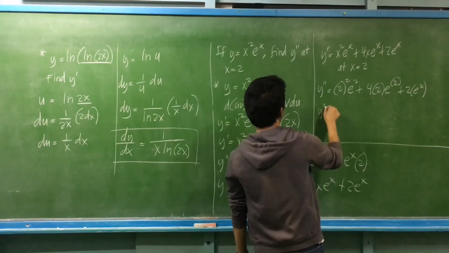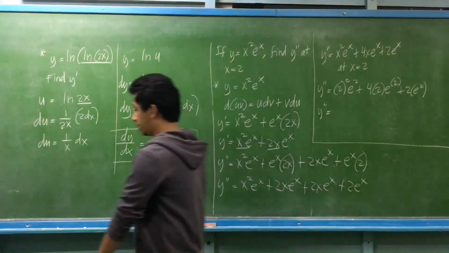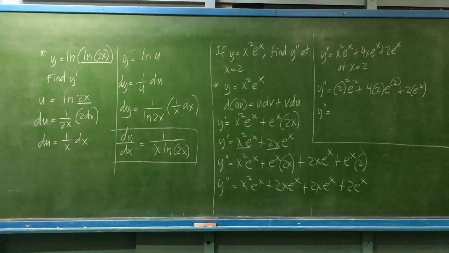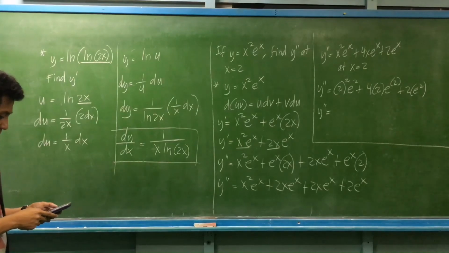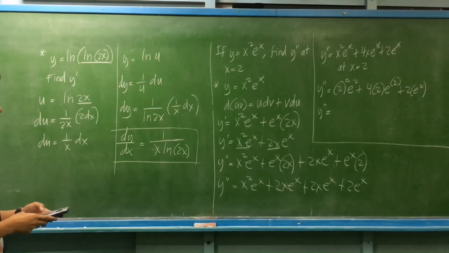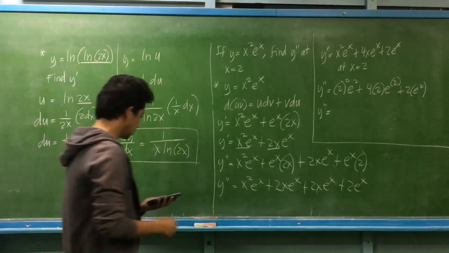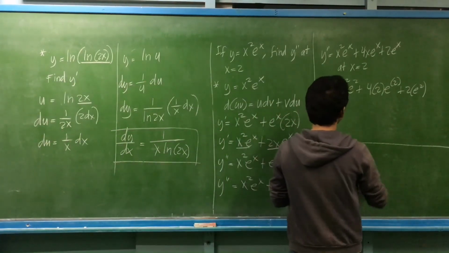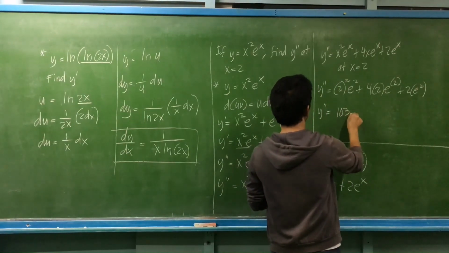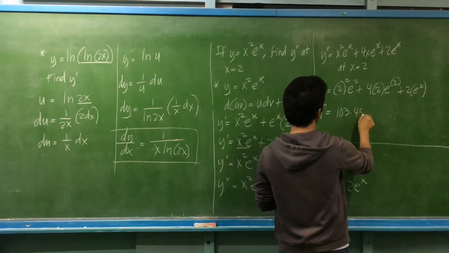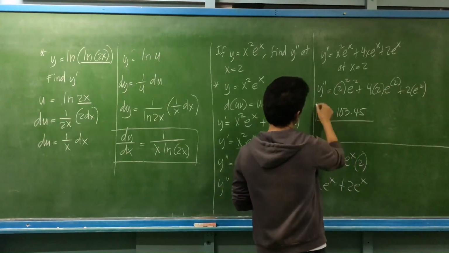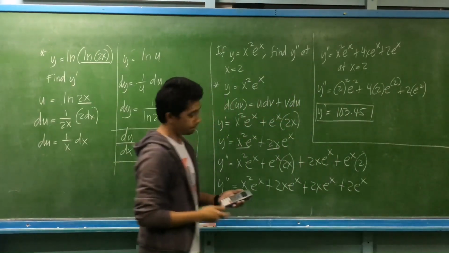Let us compute the value of y double prime. It is equal to 143.45. Okay, that is the value of y double prime.